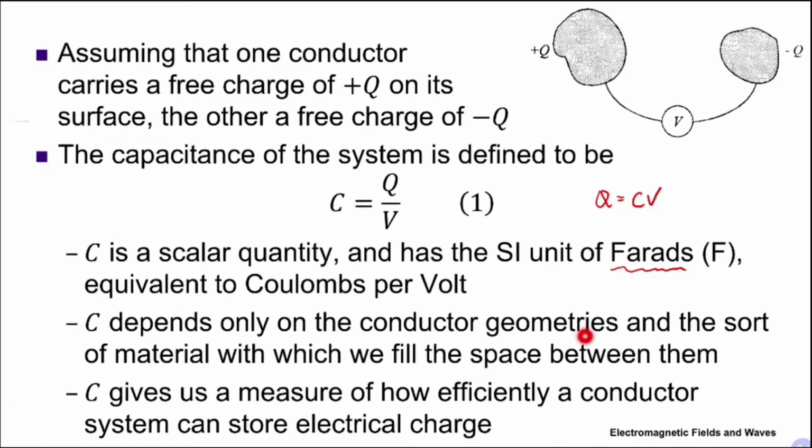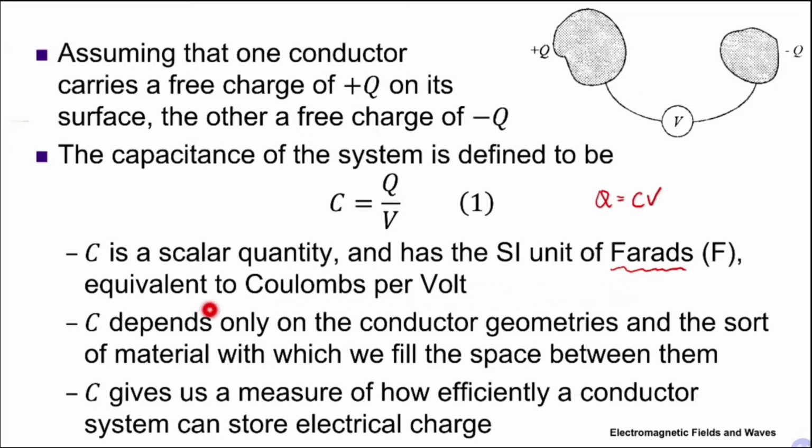The capacitance only depends on the conductor geometries and the sort of materials with which we fill the space between them. So it depends on these conductors and the space between them. Capacitance gives us a measure of how efficiently a conductor system can store electrical charge.